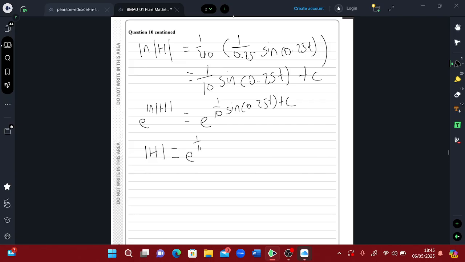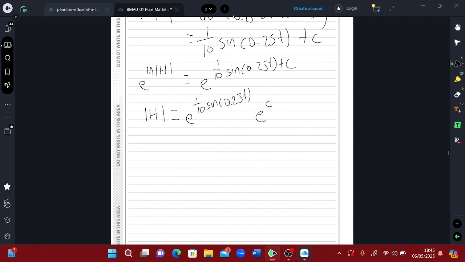So let's simplify this. So e to the 1 over 10 sine 0.25t. And actually, what you can do here as well is you can also say e to the c, because remember the law, a to the b times a to the c is a to the b plus c. So because we're adding a plus c here in the exponent, we can split it up into a product. Okay, cool.